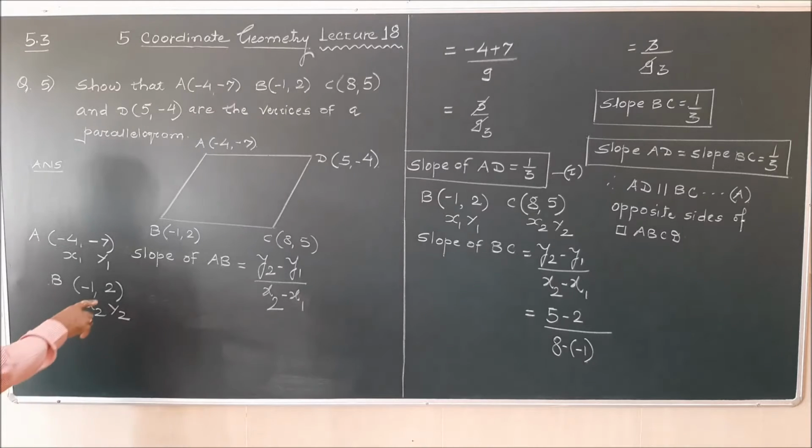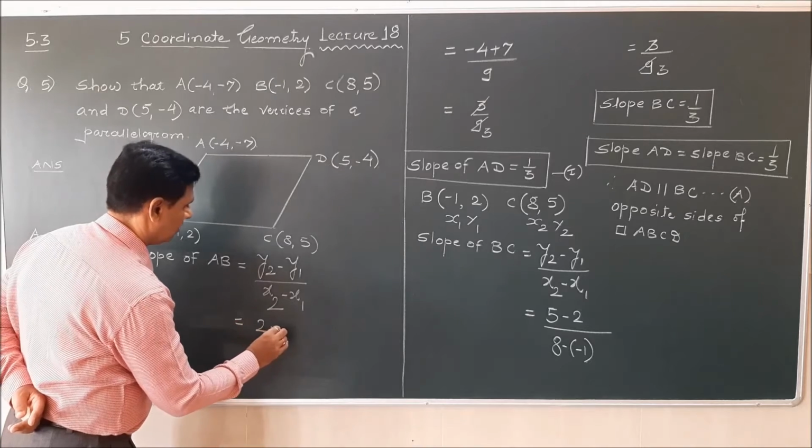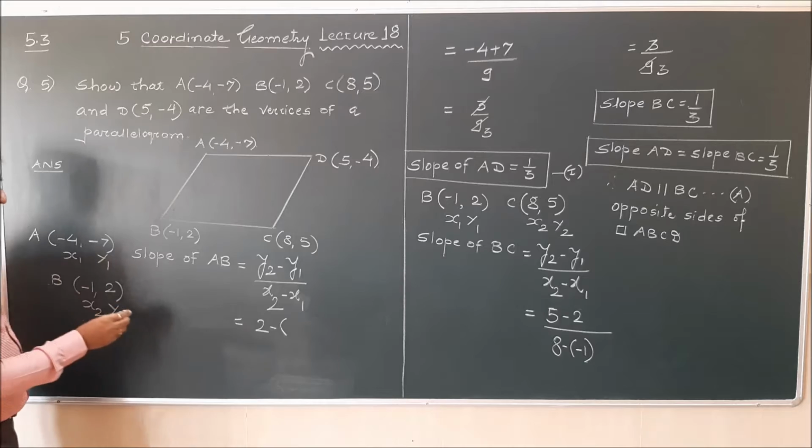So the value of y2 is 2, so that is equal to 2, minus the value of y1. Now the value of y1 is minus 7.